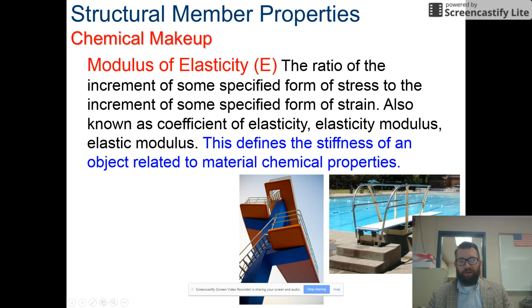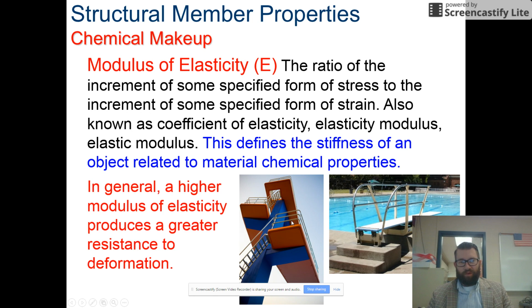So we know that the spring diving board flexes a lot more than the platform diving board. So we can tell that concrete is stiffer and has a greater modulus of elasticity than the spring diving board. So in general, higher modulus of elasticity produces a greater resistance to deformation.